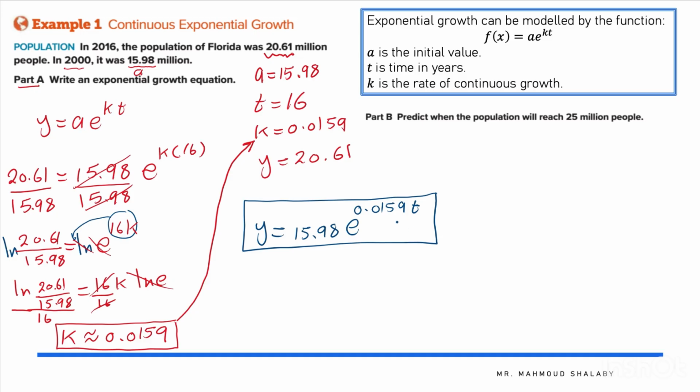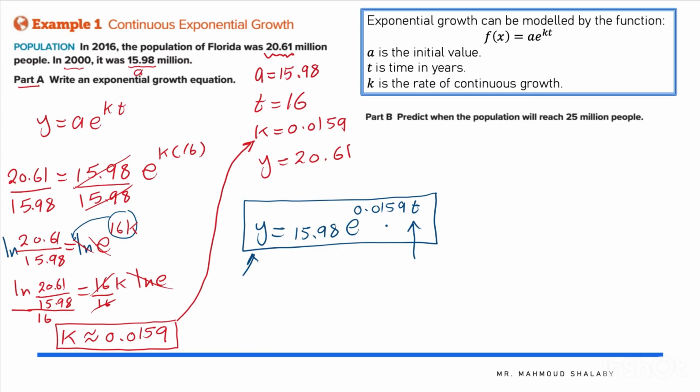The only important thing here is, in this type of questions, he will give you two different times so you can find the difference, or he will say after, for example, 5 years, after 6 years. So t will be given for the first example, so that you will be using t to find the value of k. Then I will rewrite the equation with the same a as an initial amount, and I will keep it as t. I will not replace it with any number now, but after finding the value of k I will replace it here. So now this equation could be used to calculate the population, which is y, after any time in years t.